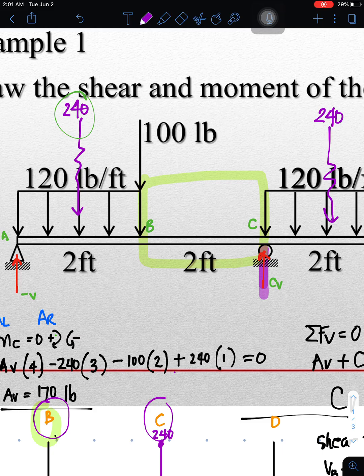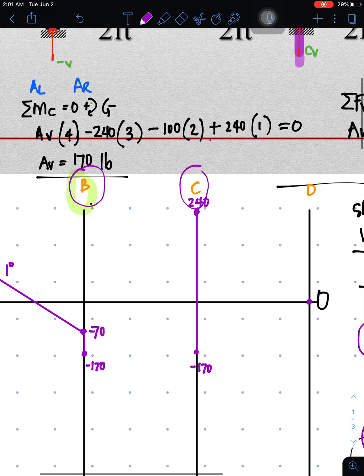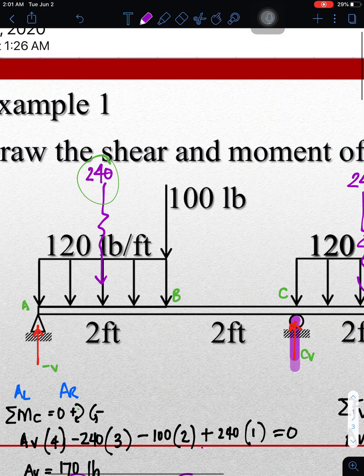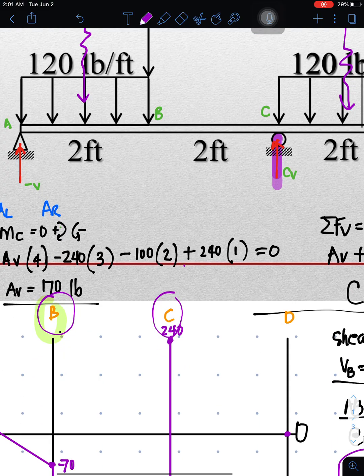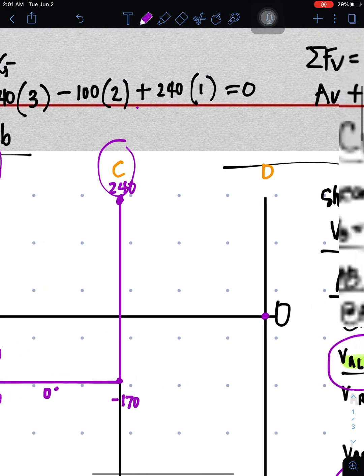Meaning, in the shear diagram, we are the ones who initiate the curve, and that is evidence that we start from 0 degree. Again, between B to C there is no loading, so we start the curve at 0 degree.